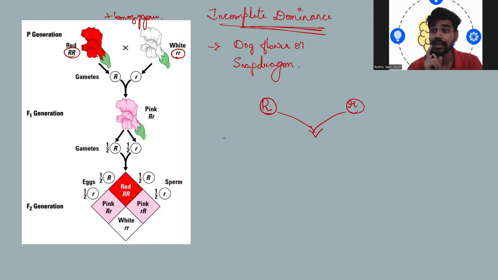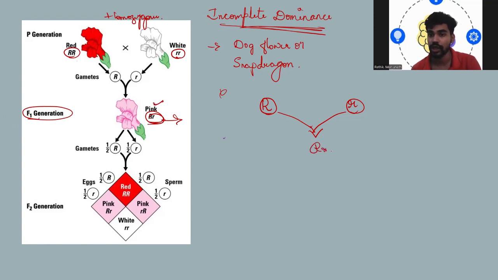Red flower. But here, a new kind of flower color appeared. In the F1 generation, they observed a new character of flower, that is pink color.